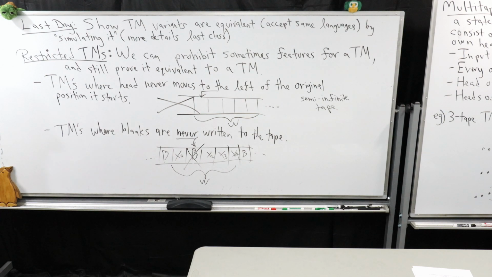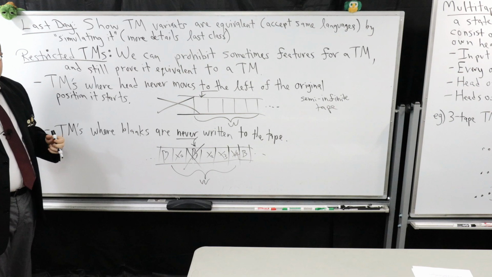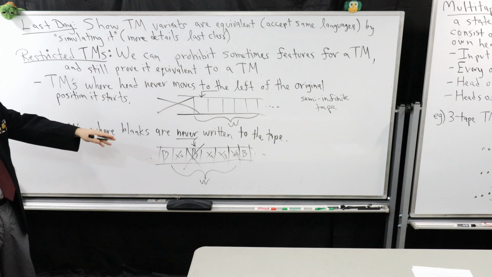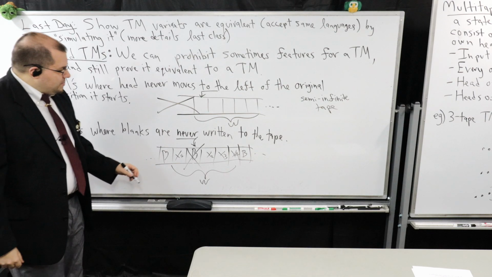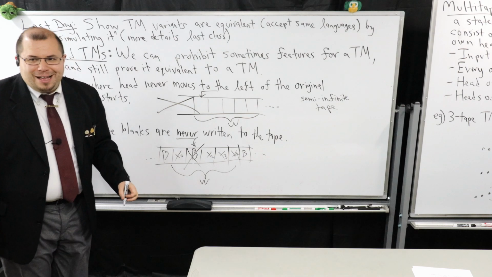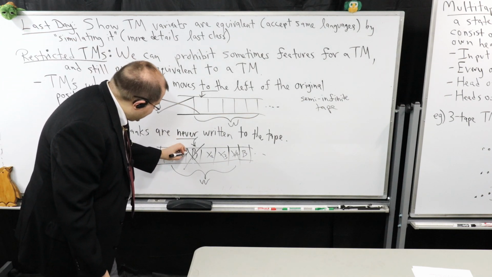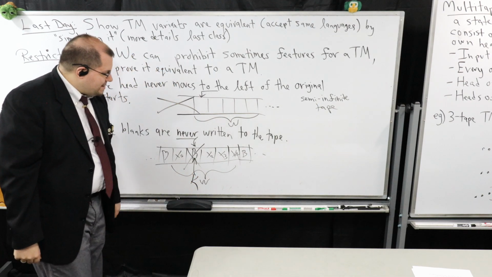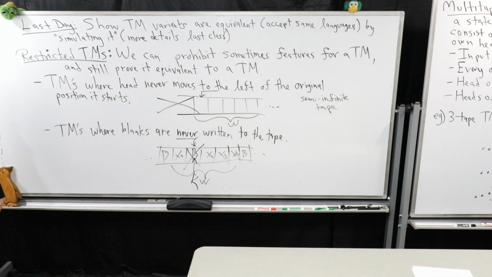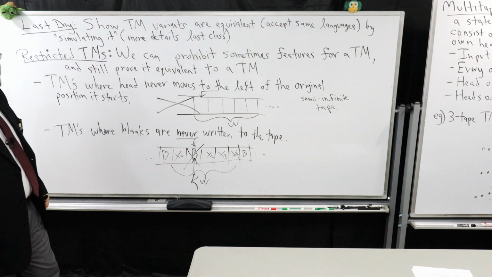If I can't write blanks, what can I do instead? Suppose instead of writing a B like this, I wrote, say, a K here instead. If I make my Turing machine so it interprets the K's like B's, is that still okay?